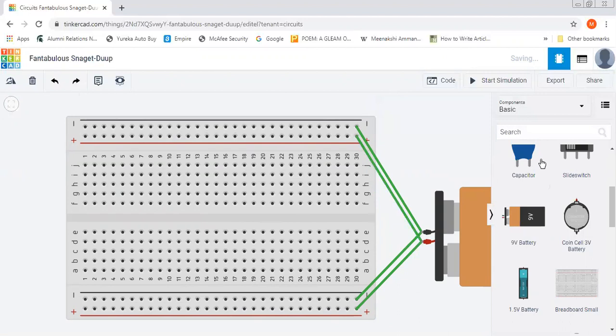Now let us bring the LM741 operational amplifier.